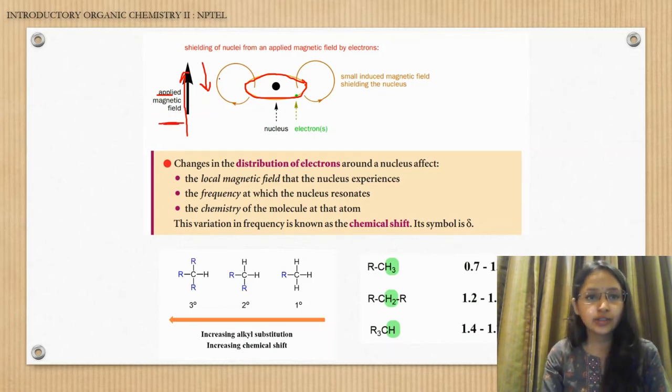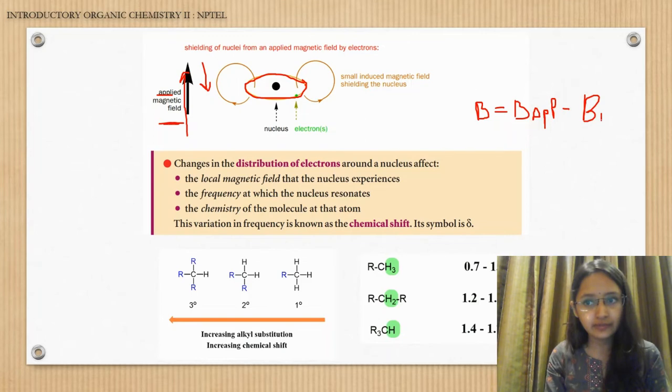Now, the magnetic field which our nucleus feels is B, the applied magnetic field, minus the induced magnetic field which is induced by the electron density surrounding the nucleus.